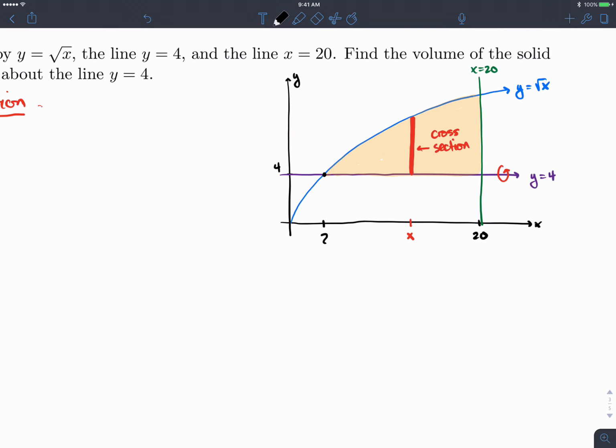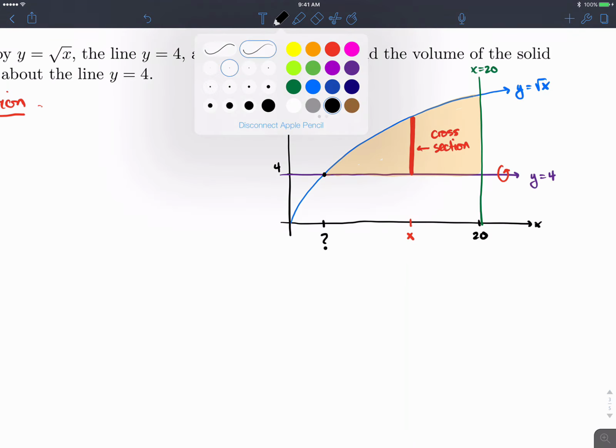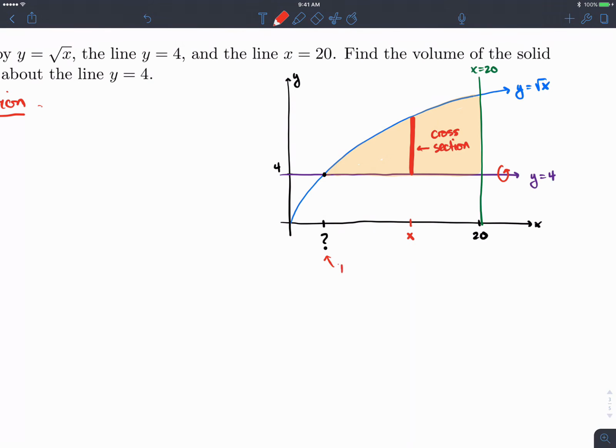So what we now need to do is figure out what that x value is. The way that we do this is we're looking to see where these two curves, namely y equals the square root of x and y equals 4, intersect. This is just a nice little algebra problem.